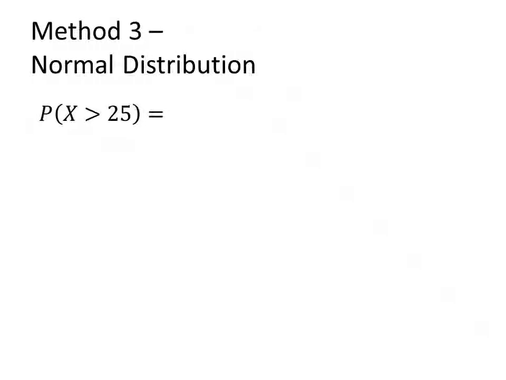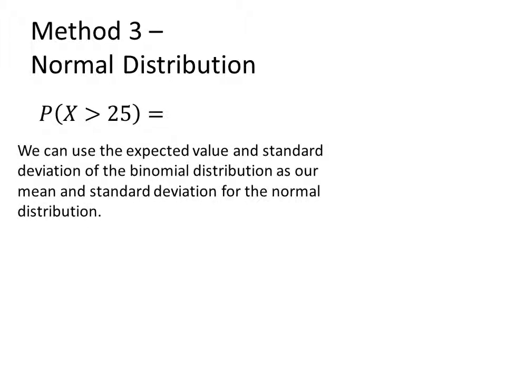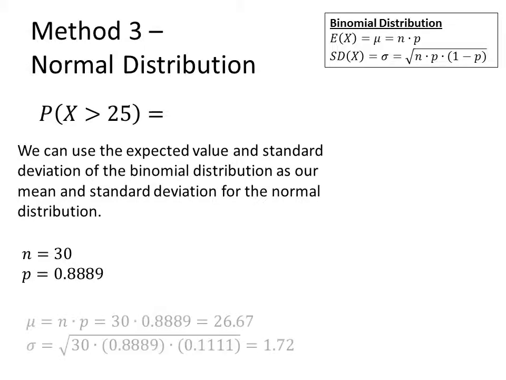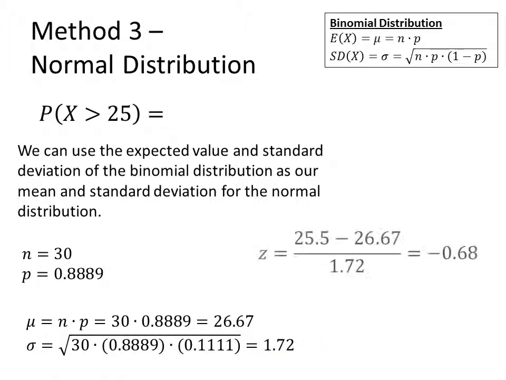So let's look at using the normal distribution to solve the same problem. If we use the expected value and standard deviation, we get that the expected value is 26.67, the standard deviation is 1.72, and so therefore, finding the area to the right of 25, we use the z-score.